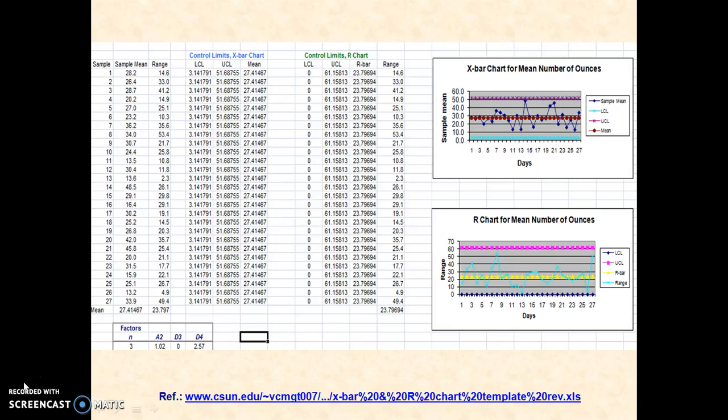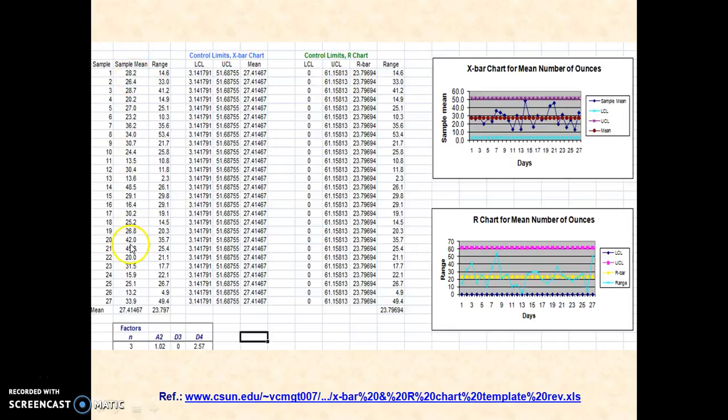I'm considering an example here of this control chart, where we have data, and that data is further processed to calculate the mean. There are 27 sample means calculated, and each sample mean represents a set of data.